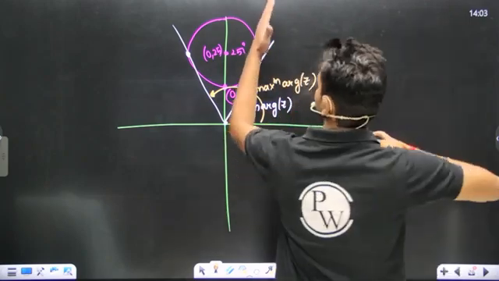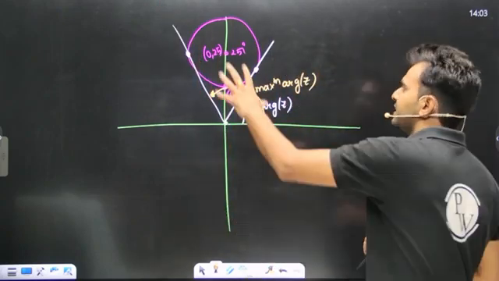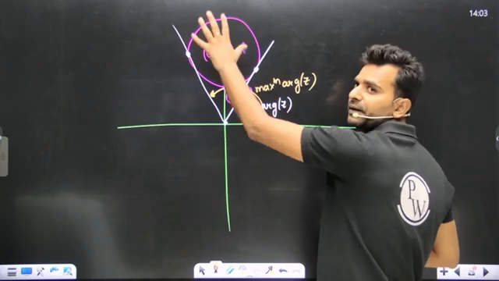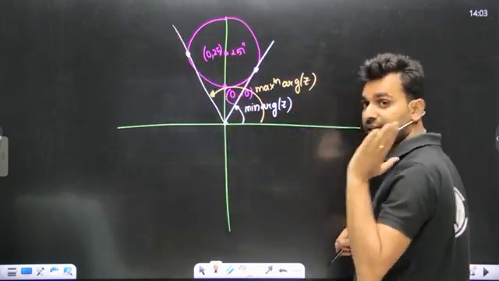So all the complex numbers will be having different arguments, because z is anywhere on this pink circle, right? So this is going to be the minimum argument, this is going to be the maximum argument, tangents.